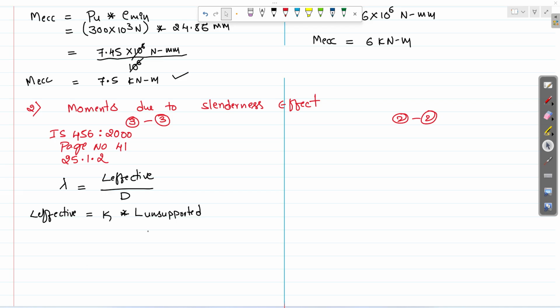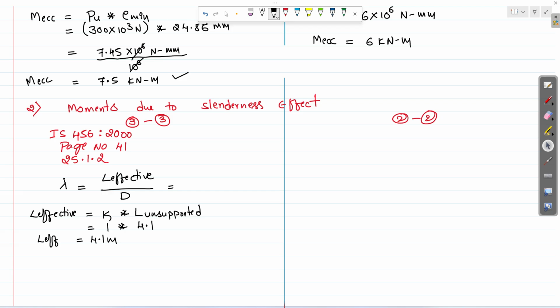So L effective equals K multiplied by L unsupported. So K, I will take it as 1. L unsupported, you calculated, I think it is 4.1. So L effective, so 1 into 4.1, so it is 4.1 meters.